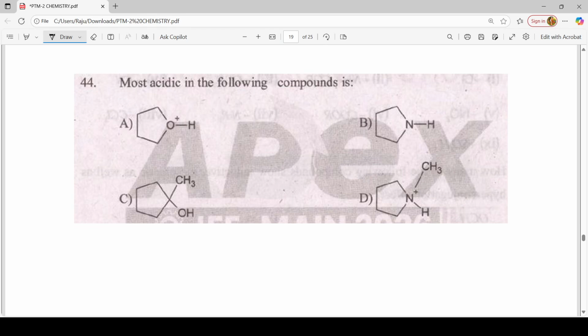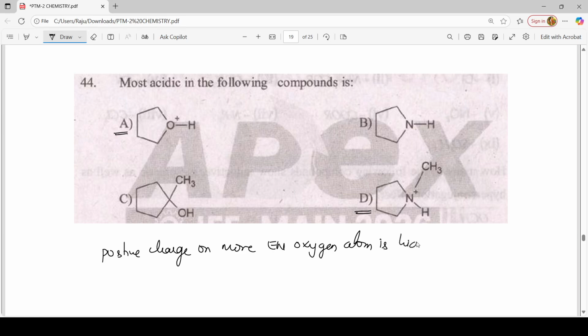Next, most acidic in the following compounds. So here, students, just come to the case of option A and option D. Positive charge on the more electronegative oxygen atom and positive charge on the less electronegative nitrogen atom. Positive charge on the more electronegative oxygen atom is highly unstable.